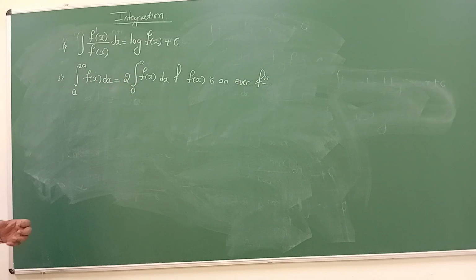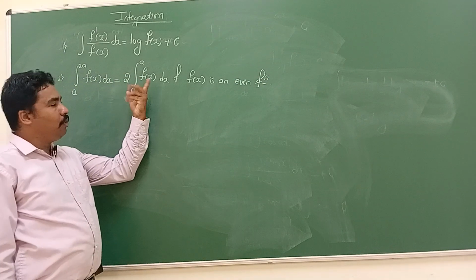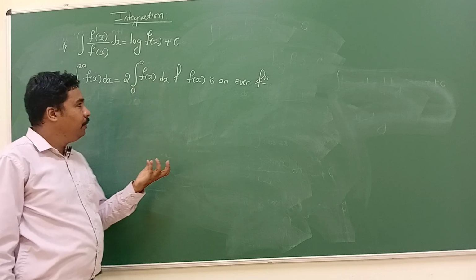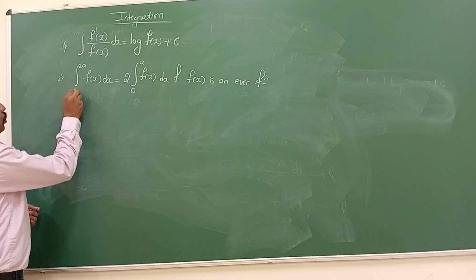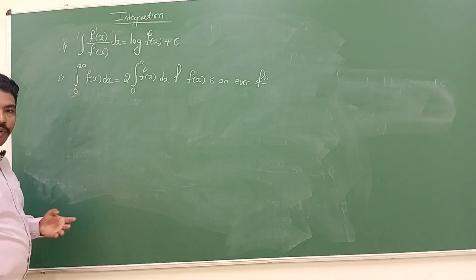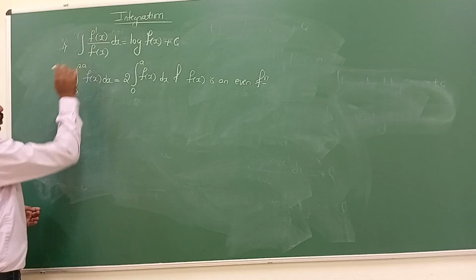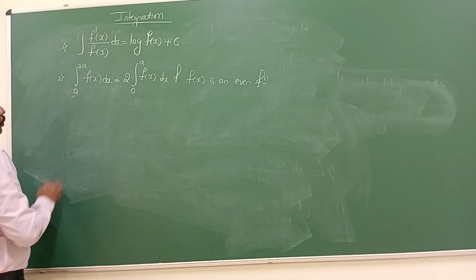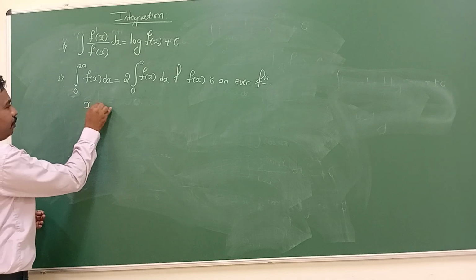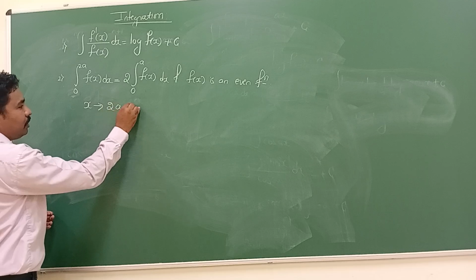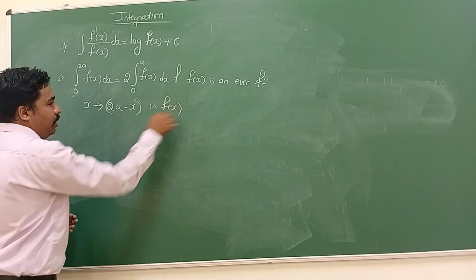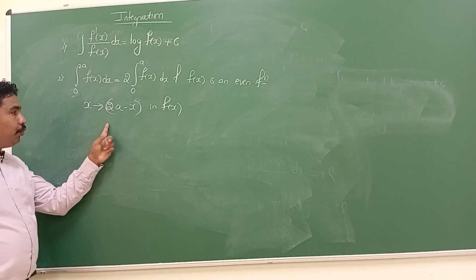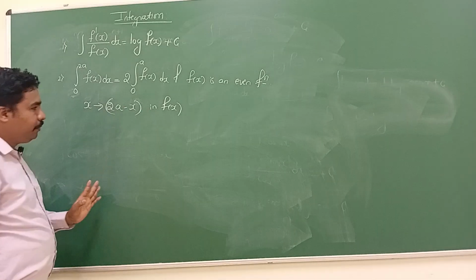Now, how to check whether it is an even function or an odd function? That is important. Whenever the limits are given as 0 to 2a, what we have to do is replace x by 2a minus x in f of x.